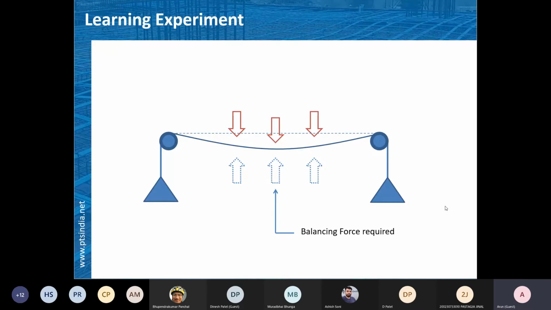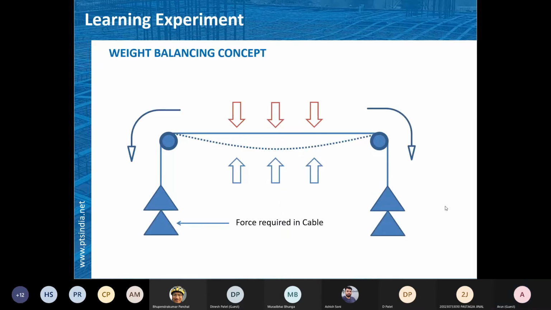One of the ways is by applying some more force at the end of the cable, or by increasing the force in the internal action of the cable, like increasing the tension in the cable. With the help of that, you will get this kind of reduction in the sag or reduction in the deflection. And this is a basic principle that we can understand with this example.